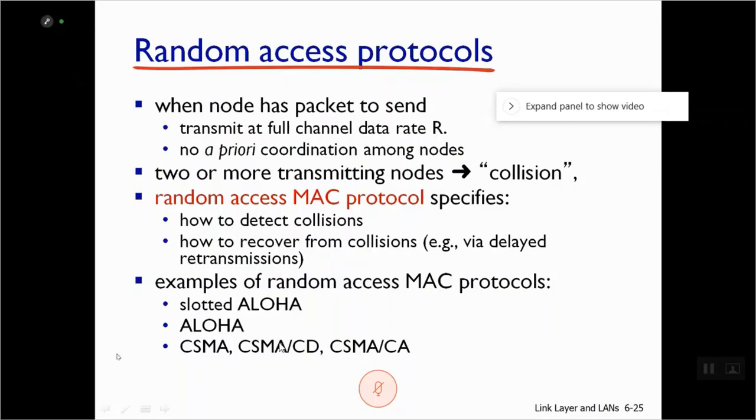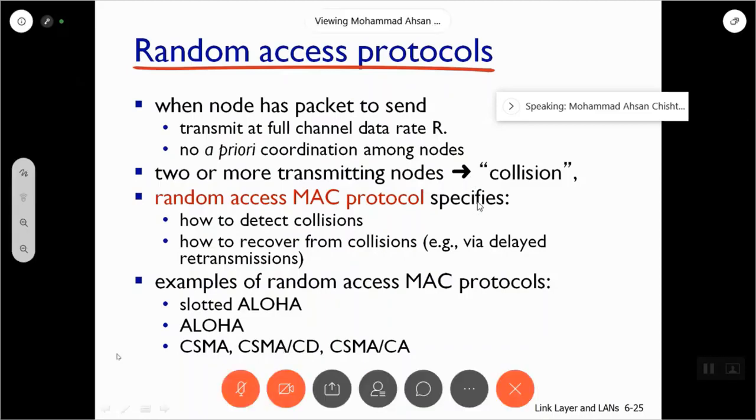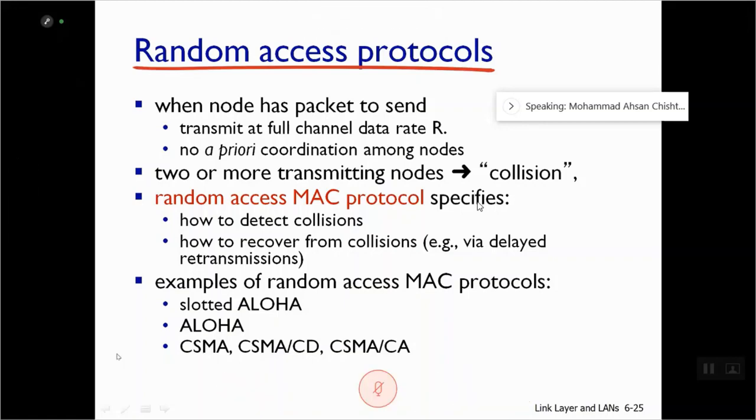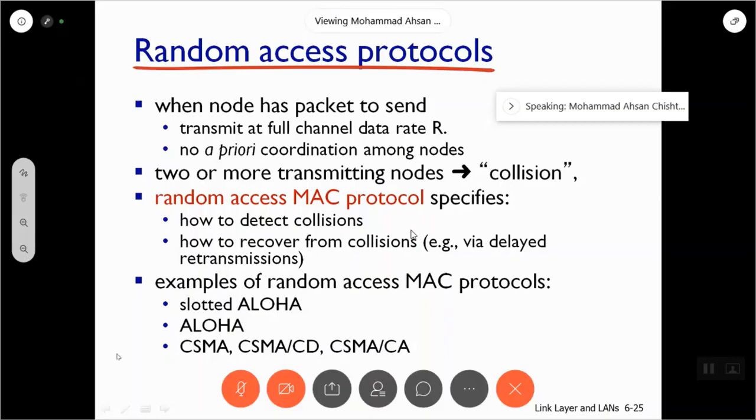All right. So we move back now to random access protocols. In random access, as we just discussed, you start transmitting without actually caring who else is transmitting. If there is a collision, it will retransmit based on some delay, and delays again are independent.